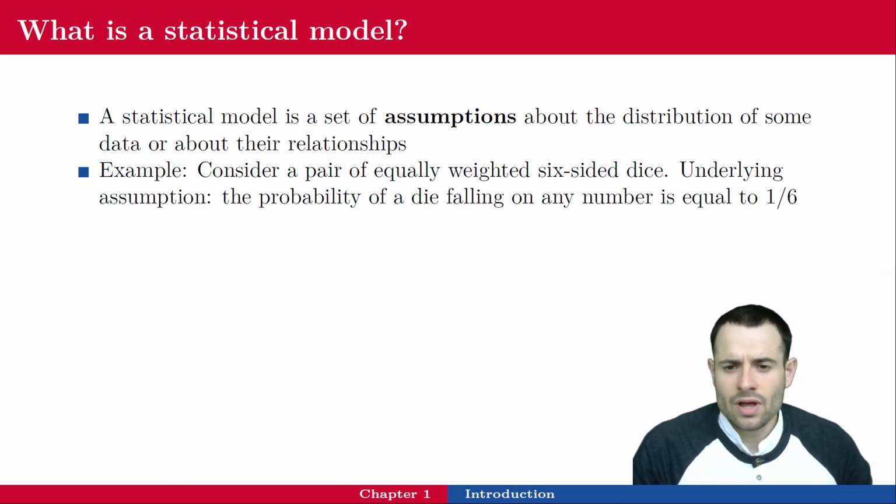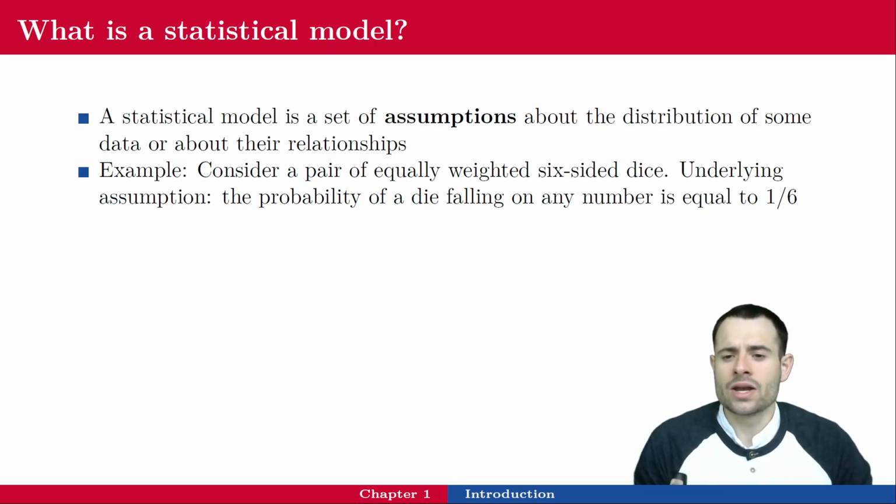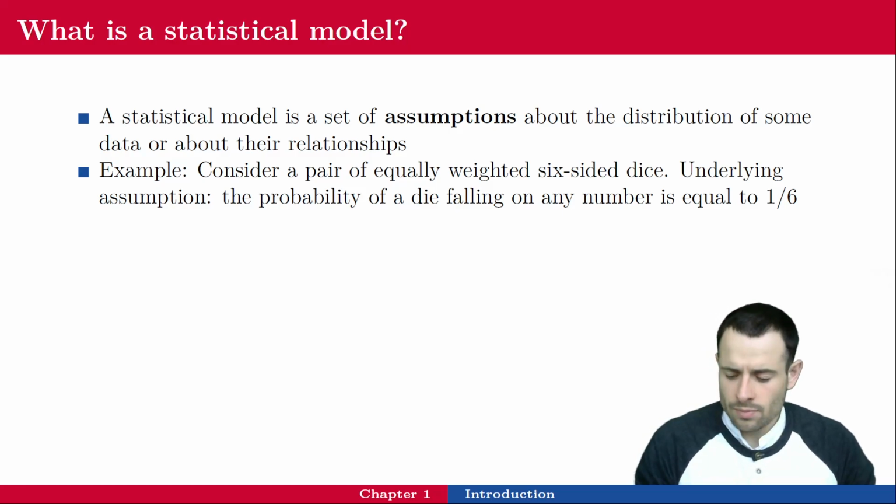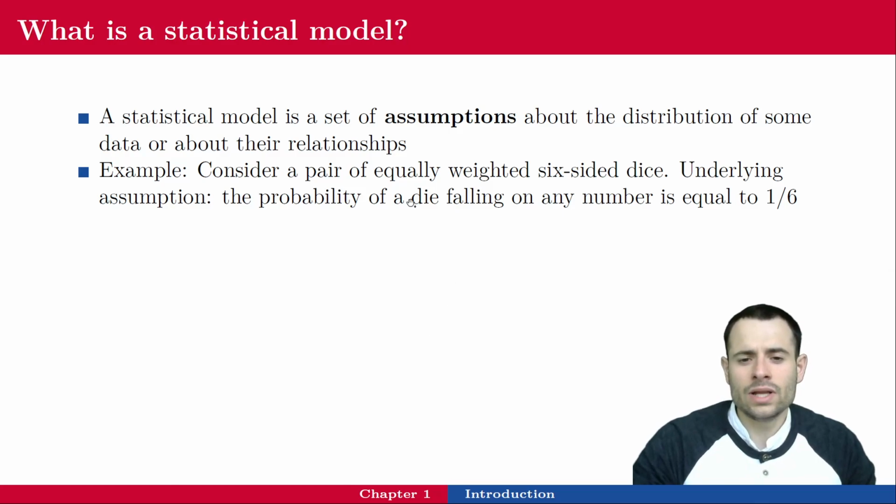An easier example, think about an equally weighted six-sided die. The underlying assumption is that the probability of the die falling on any number is equal to 1/6. Why is it the underlying assumption? Because I called it equally weighted.